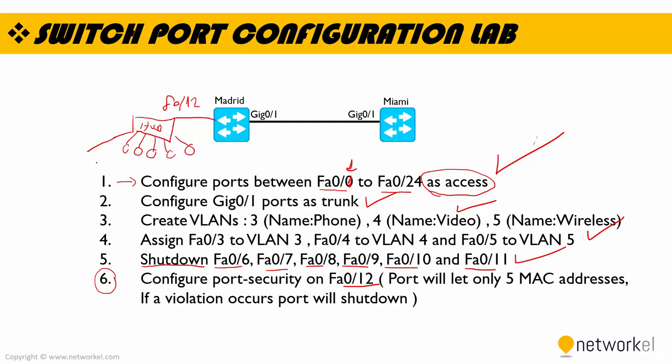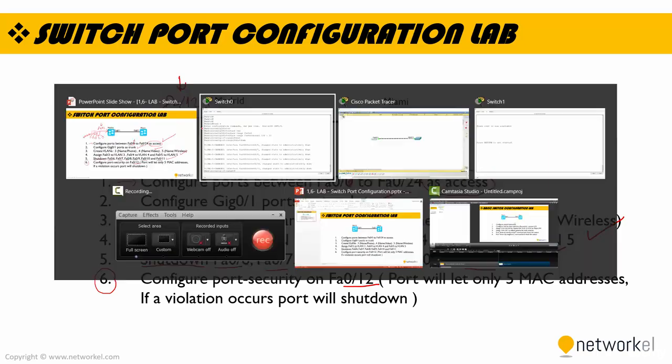And somebody comes and tries to plug in his cable as the 6th MAC address. If this guy comes here, I will shut down Fast Ethernet 0/12 completely. Okay, let's go.